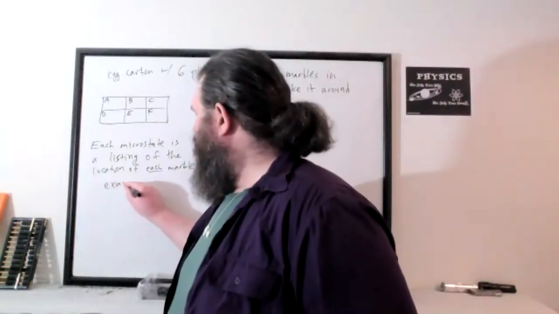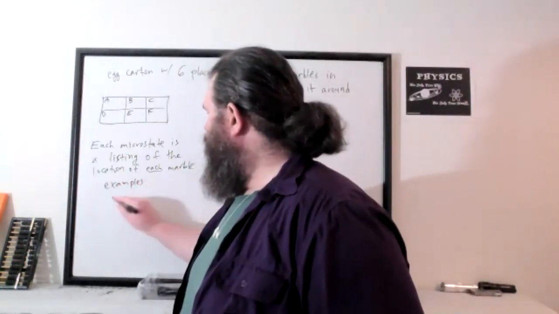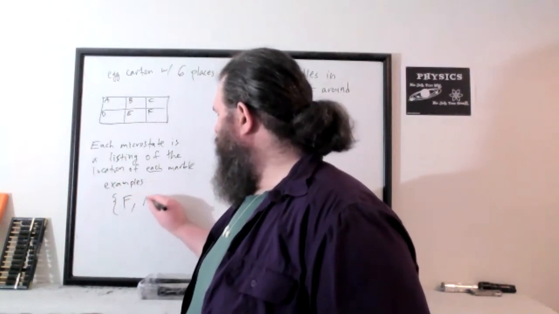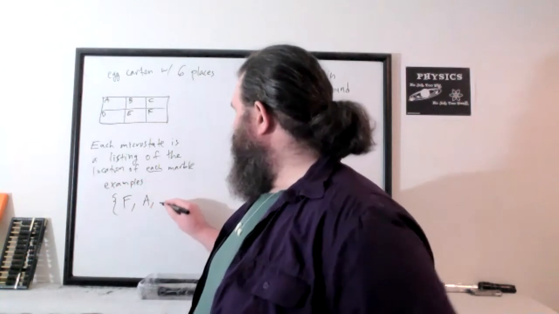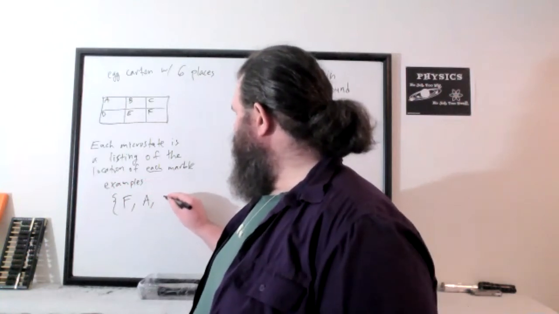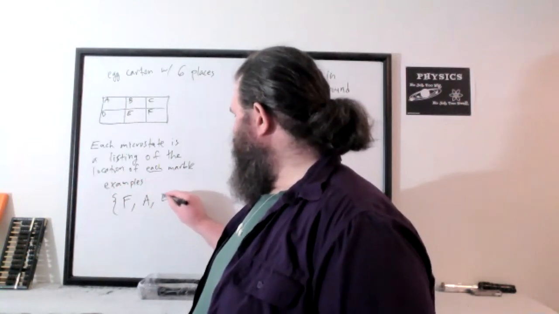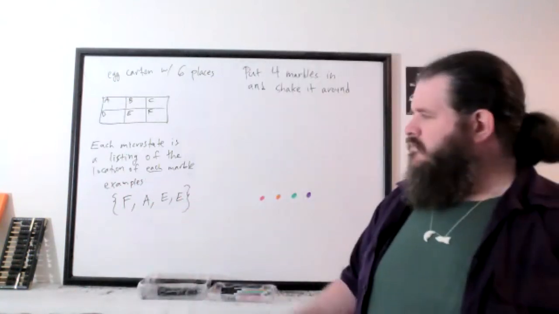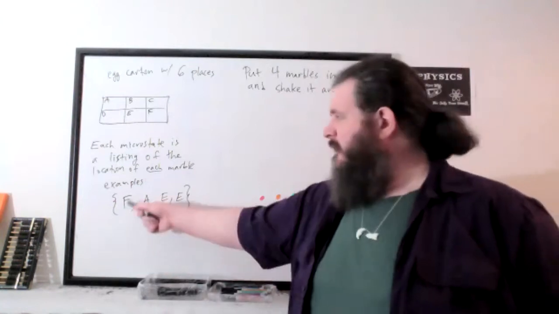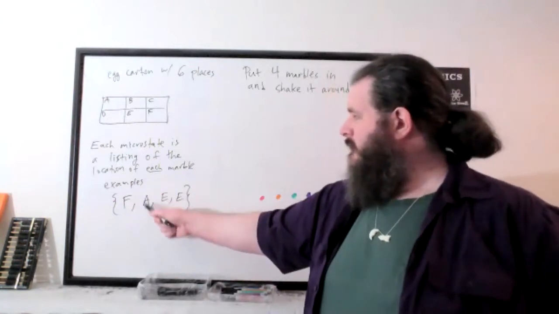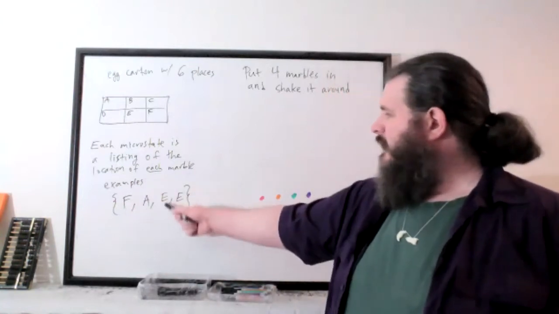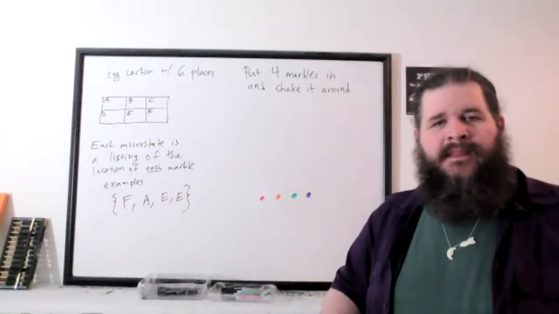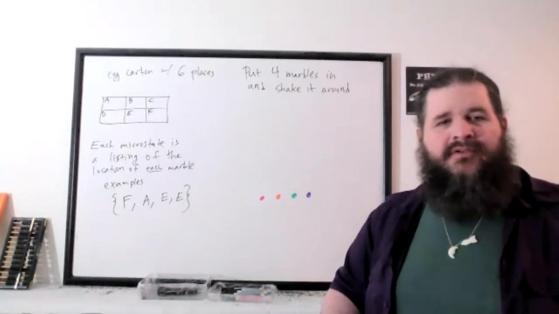So some examples of these might be, let's say, F, A, E, E. This listing would just mean the red marble is in place F, the orange marble is in place A, the green marble is in place E, and the purple marble is also in place E. So this would be an example of a microstate.